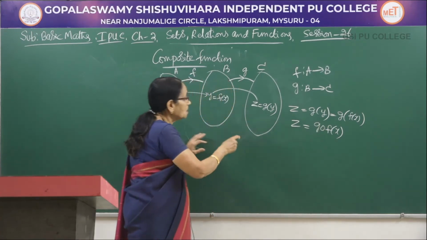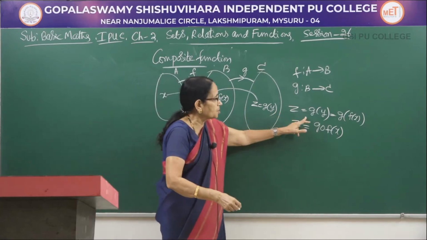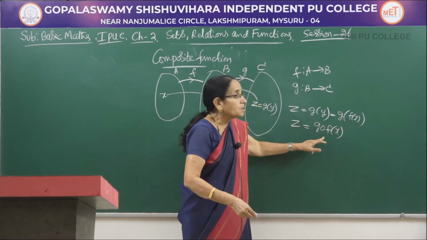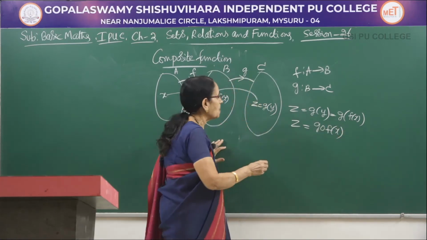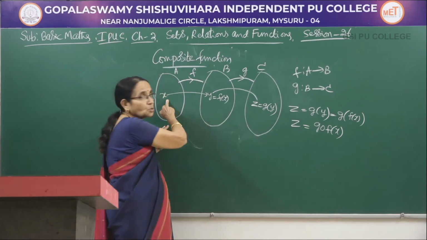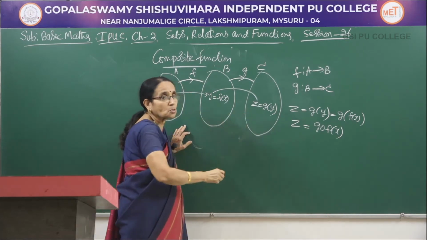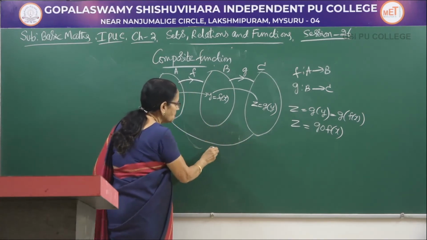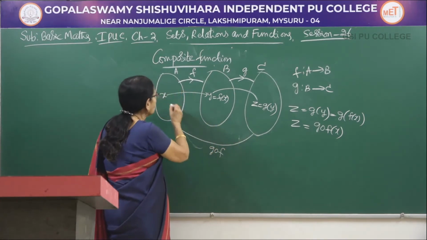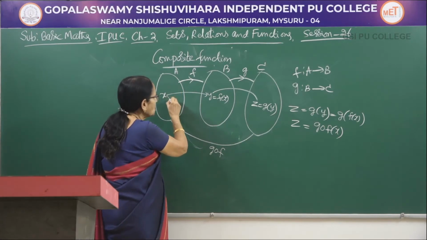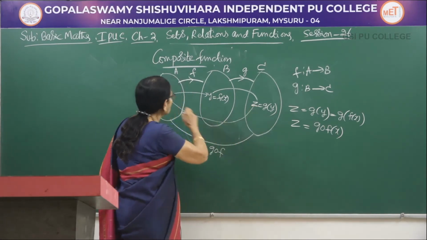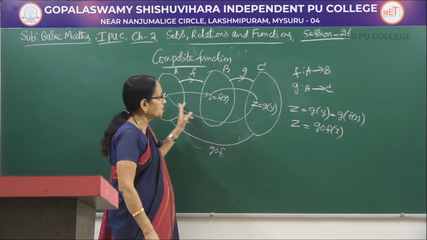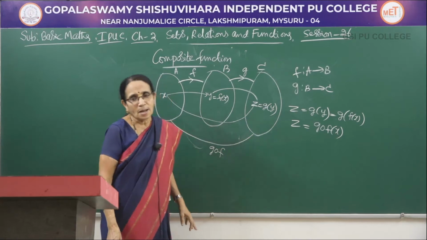So here f was a function, g was another function. This is a combination of both of them. So here x belongs to the first set, z belongs to the third set. Therefore, from here to here, a function can be defined. So directly we are connecting the first element belonging to the first set with z belonging to the last set.